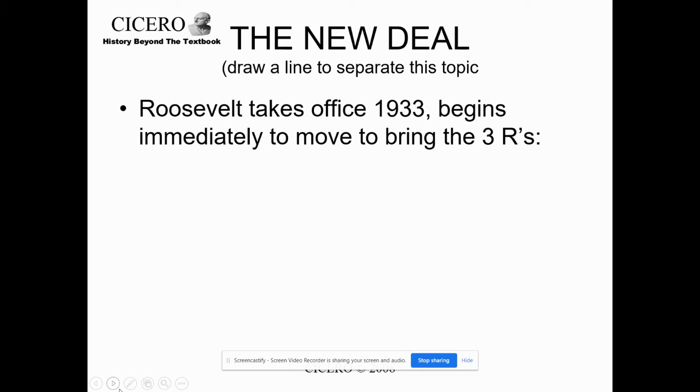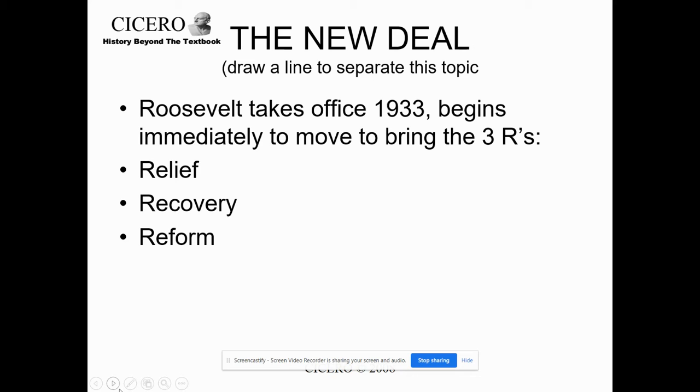When Roosevelt takes office in 1933, he immediately moves to what he calls the 3 R's. He's literally going to try to pass hundreds of programs, and they fall into generally 3 categories. He calls it relief, recovery, and reform. Immediate relief, like food, shelter, medicine for people.